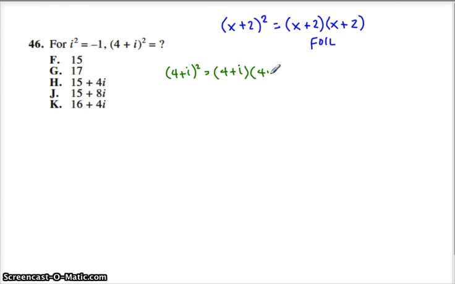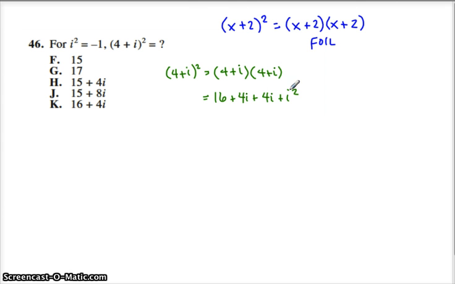And then we'll FOIL from here. So I have first, so 4 times 4 gives me 16. Outer, so 4 and i, that gives me a positive 4i. Inner, so i and 4, that gives me a positive 4i as well. And then i times i gives me a positive i squared.